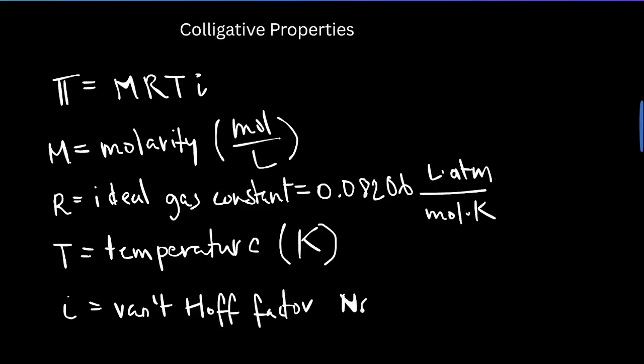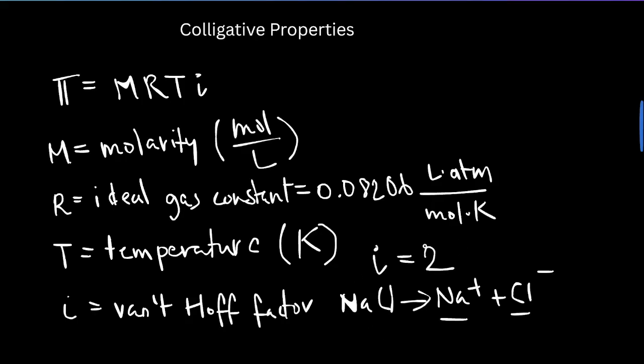For NaCl, the example we've been talking about in all these videos, we know it dissociates into Na+ and Cl- into 2 particles, and so the i, the Van 't Hoff factor for NaCl, is going to be 2. So it's important to keep in mind exactly what solute you're using and calculate the appropriate Van 't Hoff factor. In the case of non-electrolytes, which don't dissociate into ions or separate particles, it's just going to be 1.